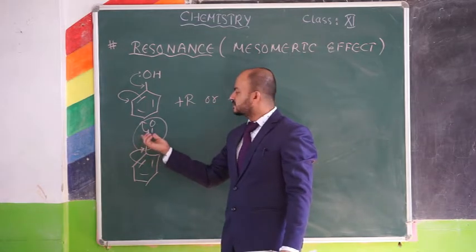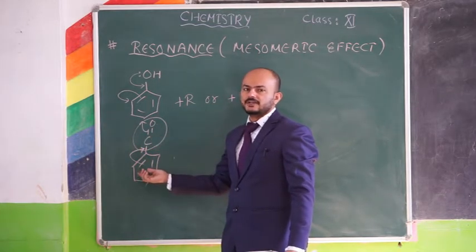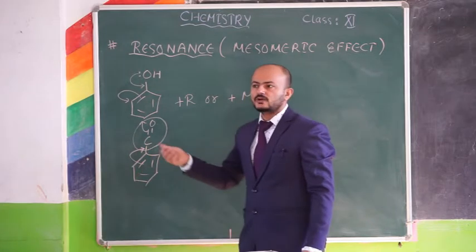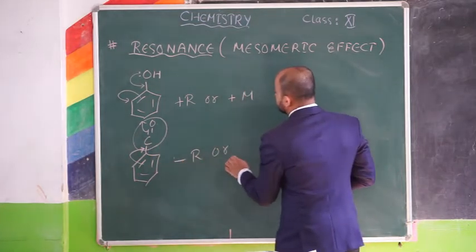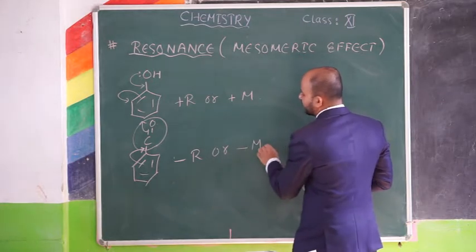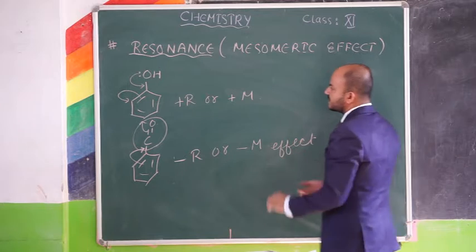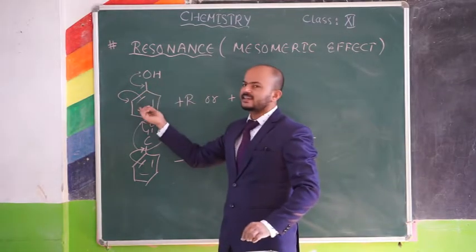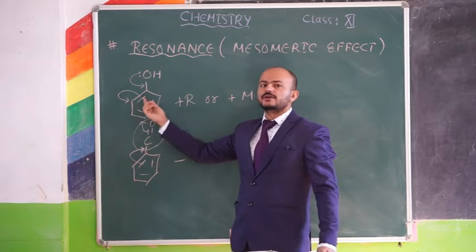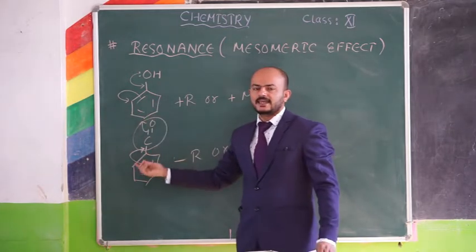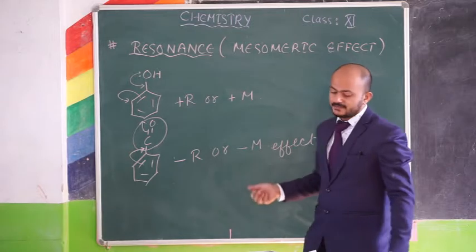That means because of this C double bond O, there is a decrease in the electron density in the ring. Such groups are known to show minus R effect or minus M effect. So remember, if there is an electron donating group inside the ring, it will show plus R effect, and if there is an electron withdrawing group from the ring, those groups are known to show minus R effect or minus M effect.